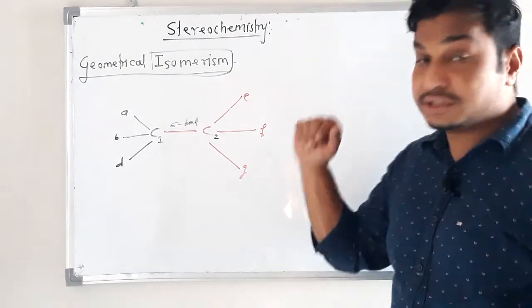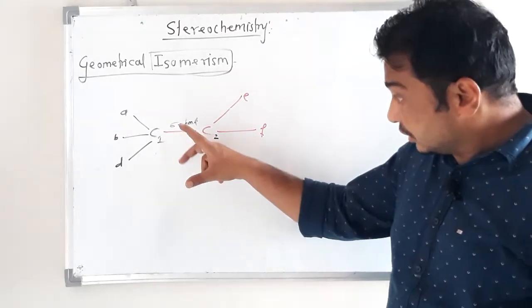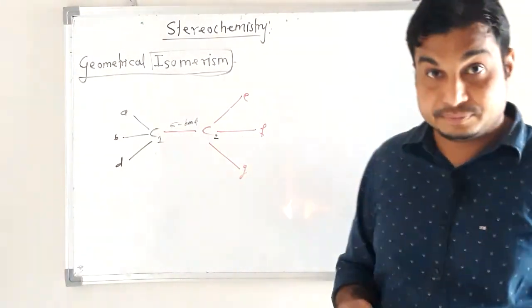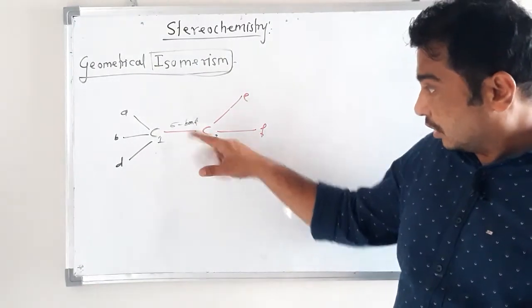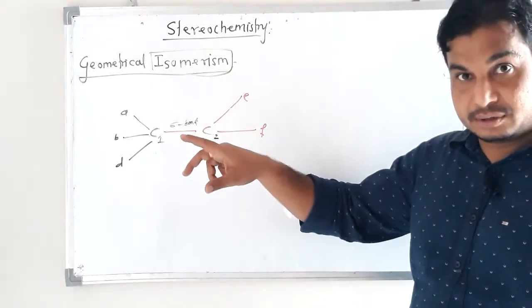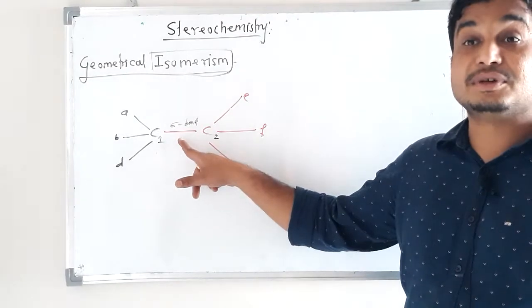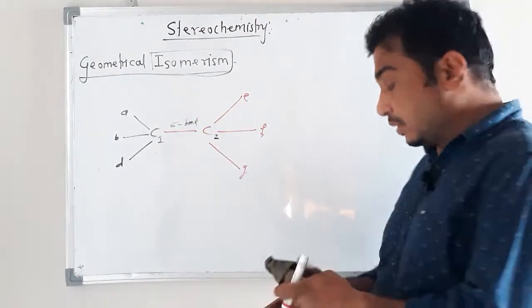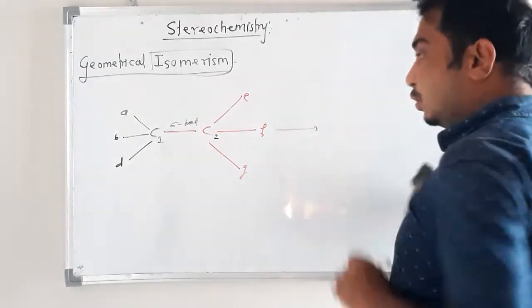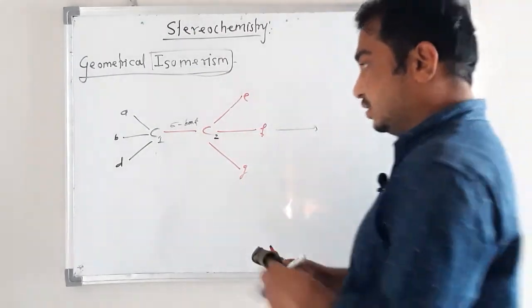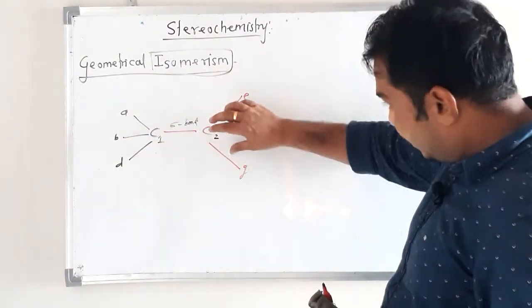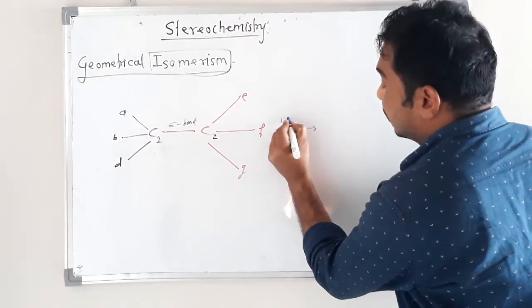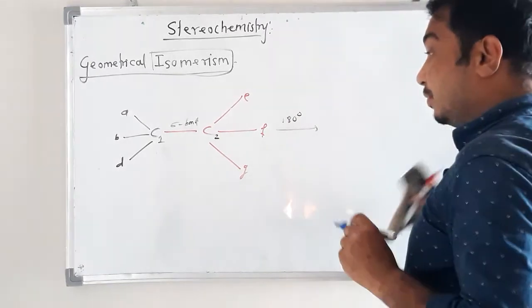Now in this structure, this carbon single bond is free to rotate. Both the carbons will rotate around this carbon single bond. They are very free to rotate and therefore they undergo rotation. Suppose we fix carbon number 1 and rotate carbon number 2 through 180 degrees, then what happens?